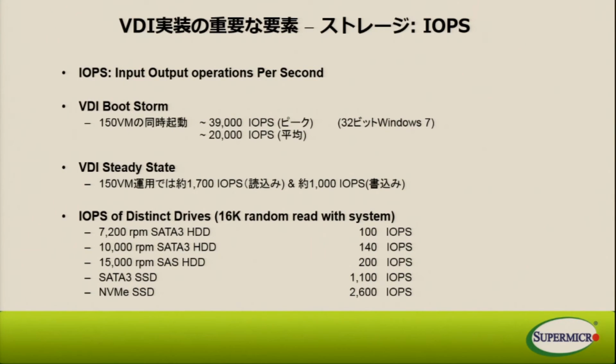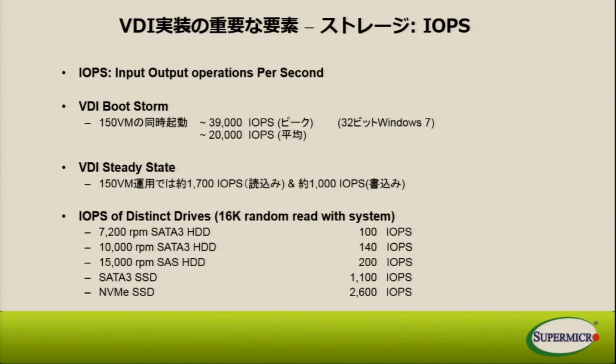Today's storage media are mostly SATA, SAS, or SSD. We also have a new storage medium called NVMe, which is a PCIe-based SSD storage. Their IOPS, as tested and listed on the right-hand side here: a typical hard drive is between 100 and 200 IOPS.